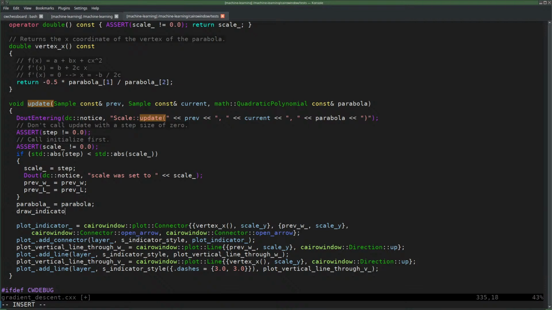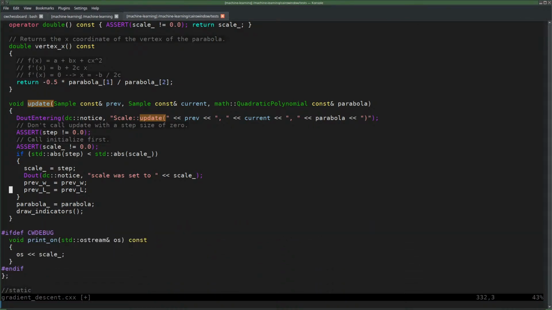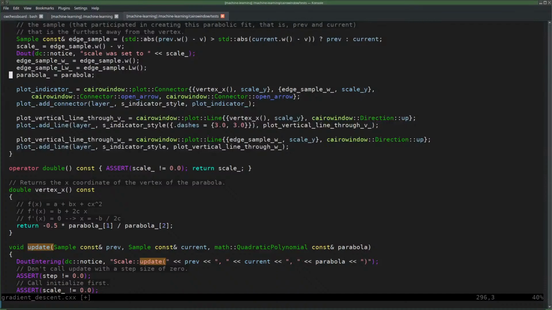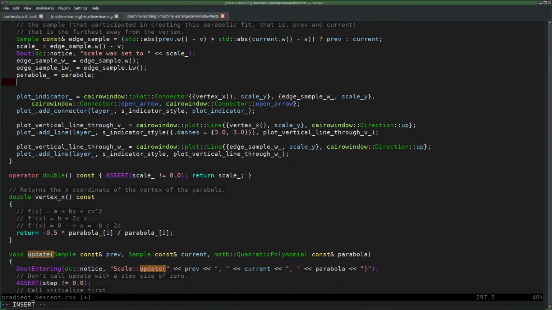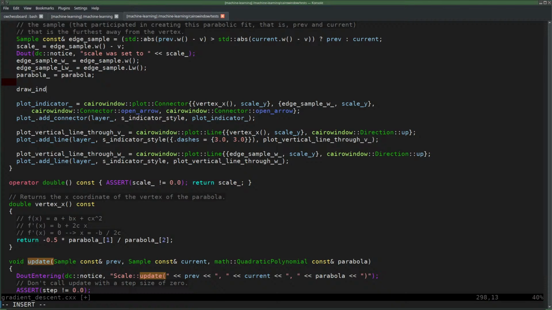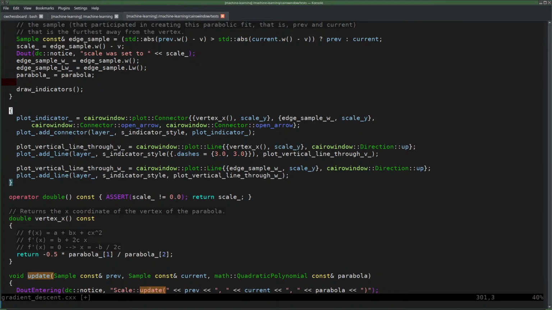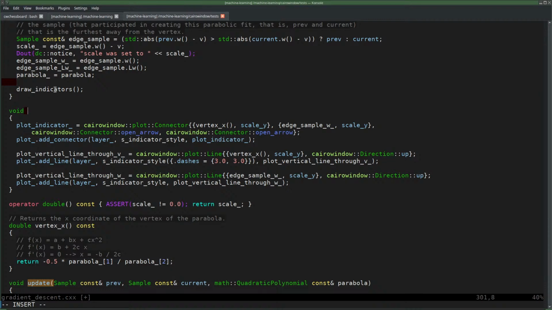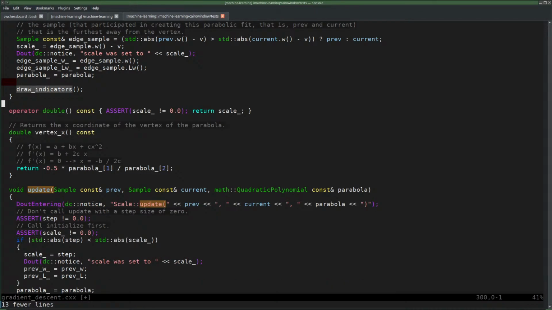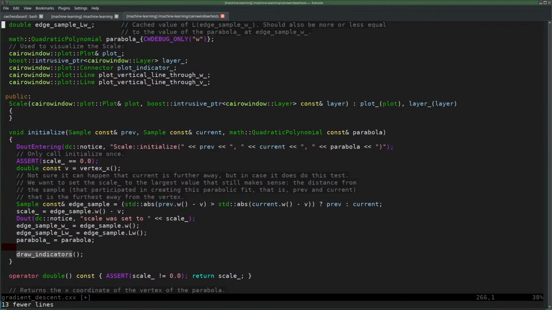Draw indicators. Let's make that a private function because yeah.